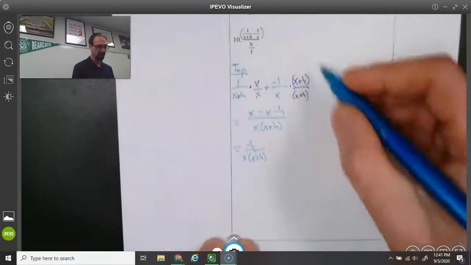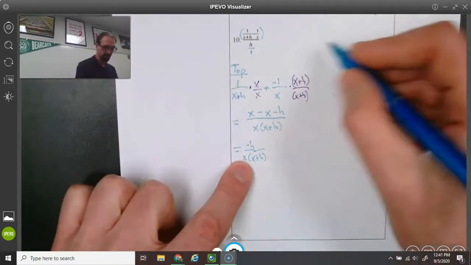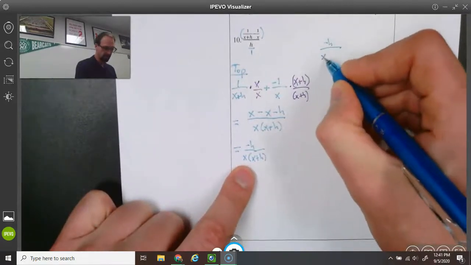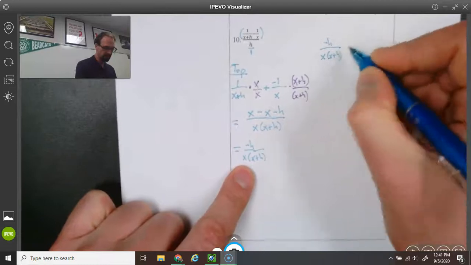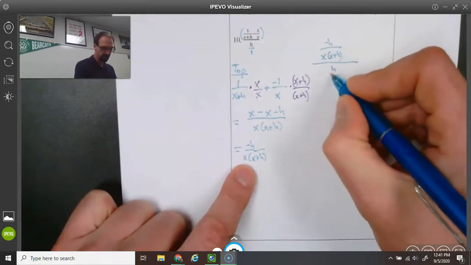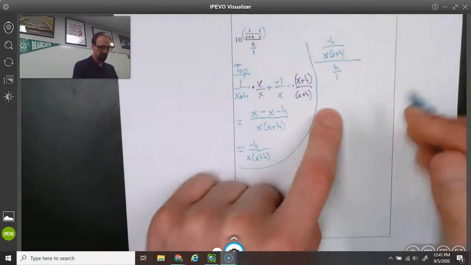So when I rewrite this out, the entirety of it, this is now my new numerator. So I have opposite h over x times x plus h, and then all over h divided by 1. Just going to sequence this.